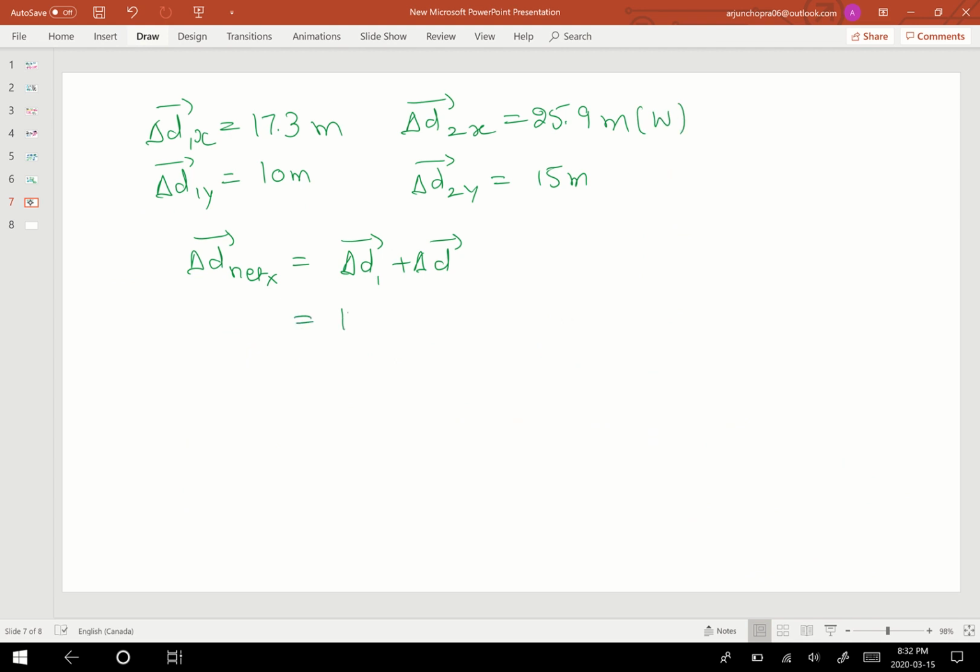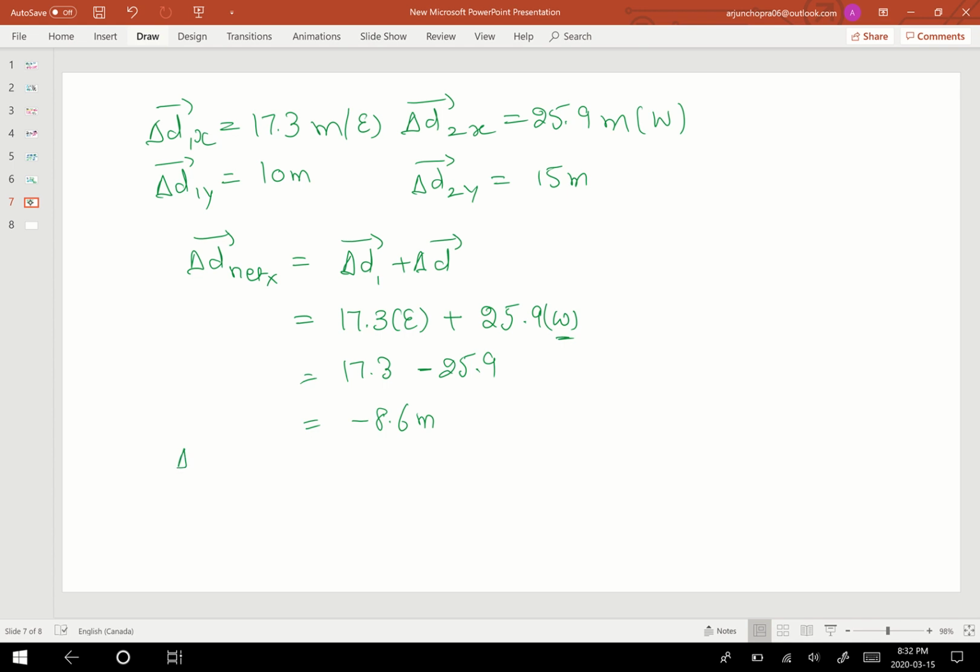So I'm gonna write 17.3 east plus, I'll keep the sign positive right now, 25.9 west. Now because this is west, and west we consider as negative, so this is a positive value, east, minus 25.9, that's gonna give me 17.3 minus 25.9, gonna give me negative 8.6 meters.